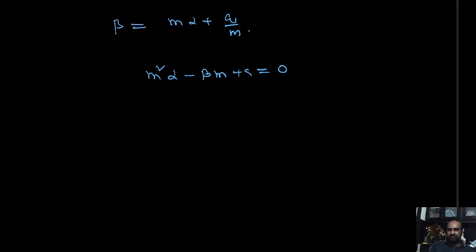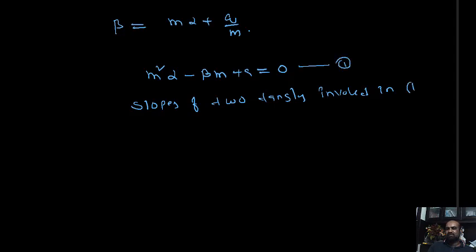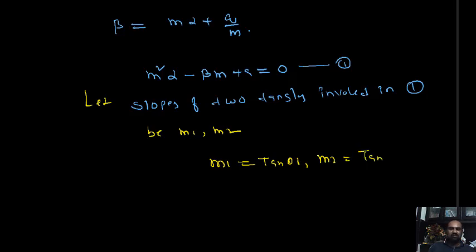The slopes of the two tangents involved in equation 1 are m1 and m2, where m1 is tan theta 1 and m2 is tan theta 2.